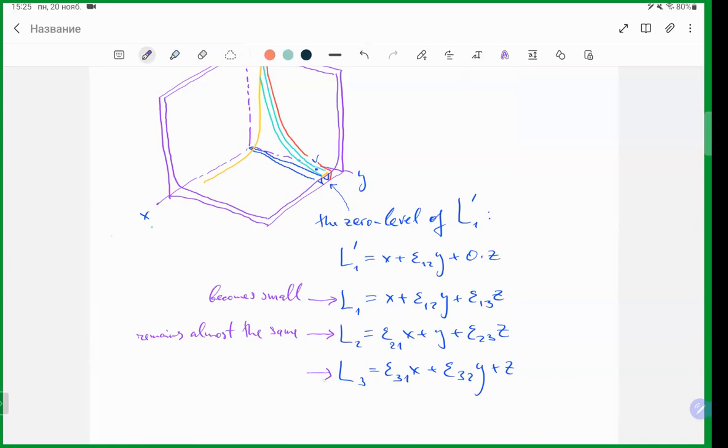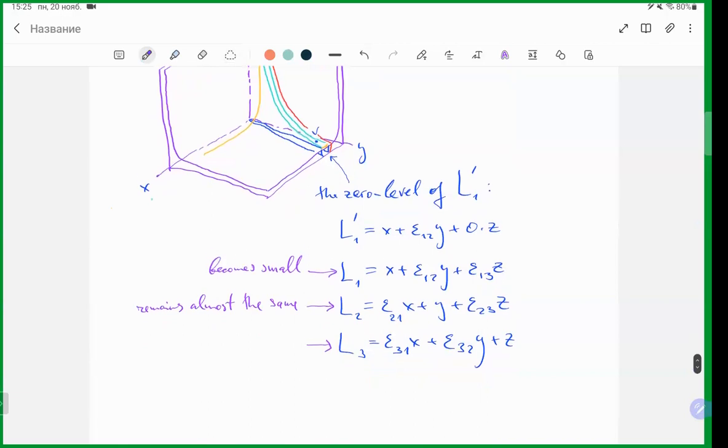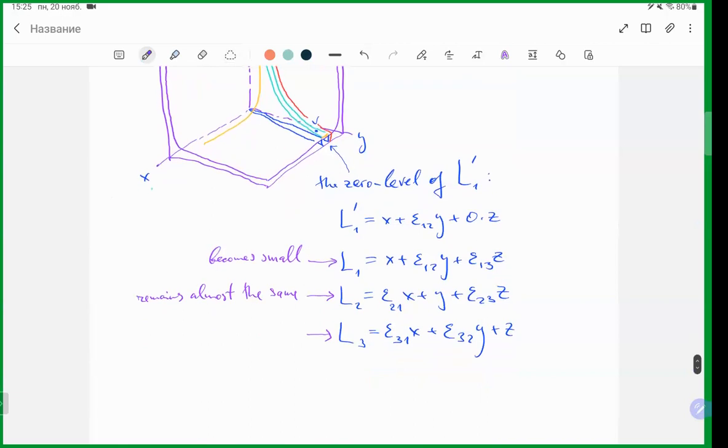But this one can actually grow, can become huge.